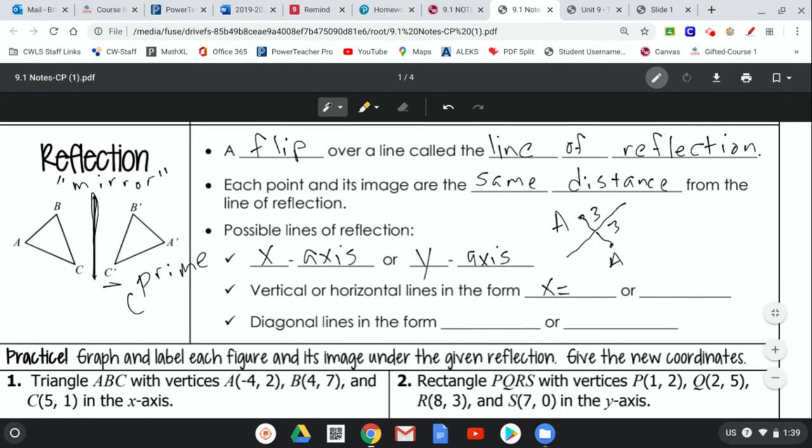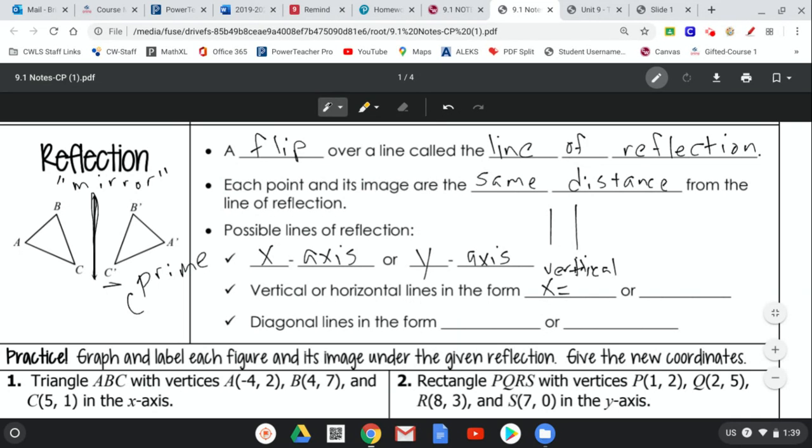If we have a line that says x equals, it's going to be a vertical line. So make sure we understand that this line right here is going to be a vertical line.